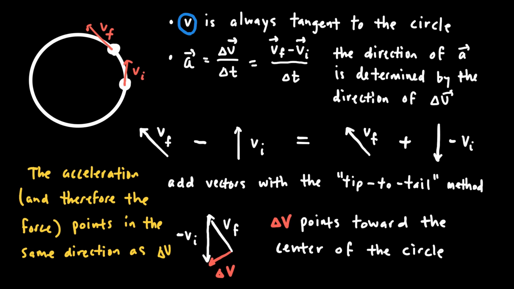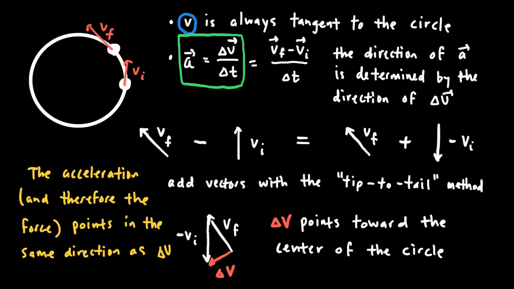And the acceleration of the object as it goes around that circle would point in the same direction that the change in velocity points. And so our equation for acceleration in general is a equals delta v over delta t. And we know that the direction of the change in the velocity would be the same as the direction of the acceleration.